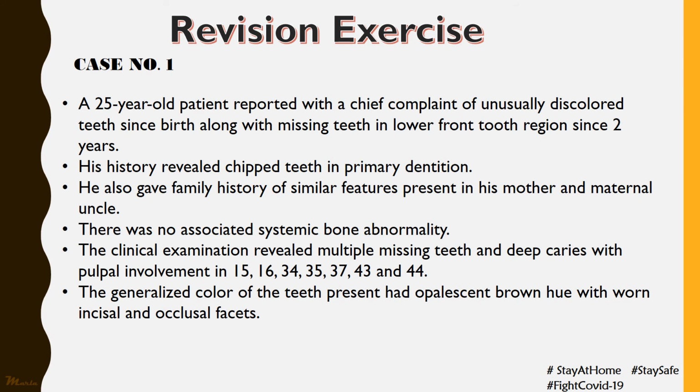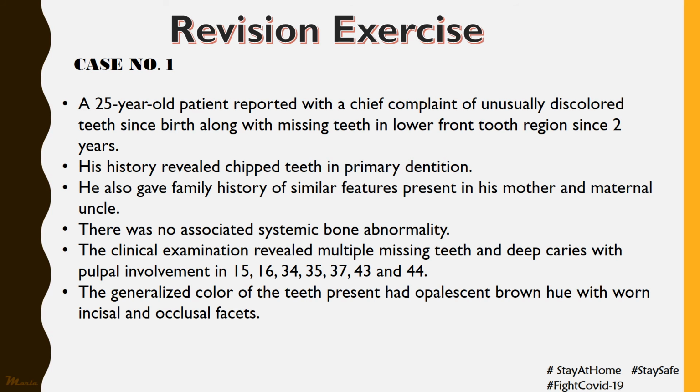So case number 1. A 25-year-old patient reported with a chief complaint of unusually discolored teeth since birth along with a missing tooth in the lower front tooth region since 2 years. His history revealed chipped teeth in primary dentition. He also gave family history of similar features present in his mother and maternal uncle.